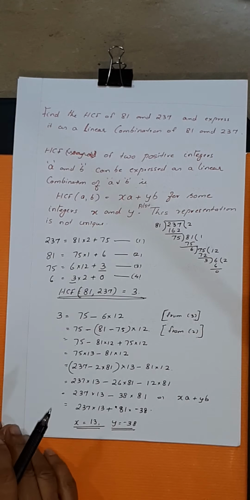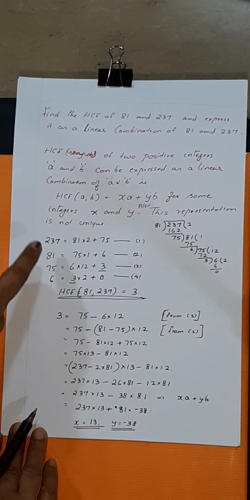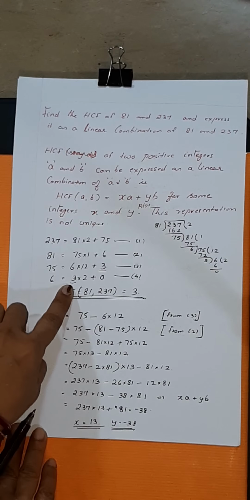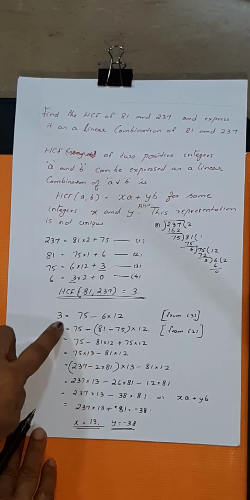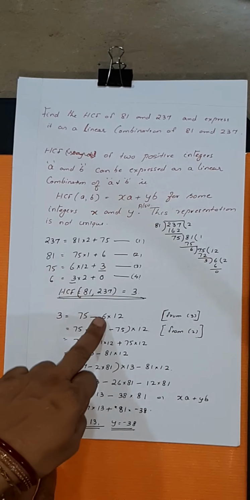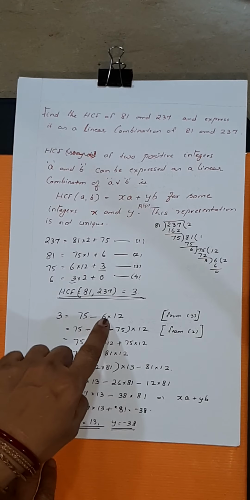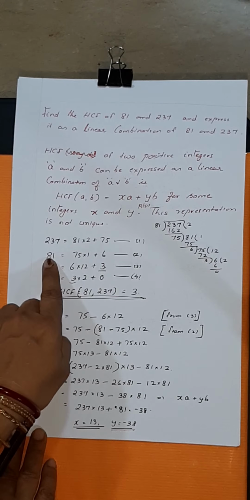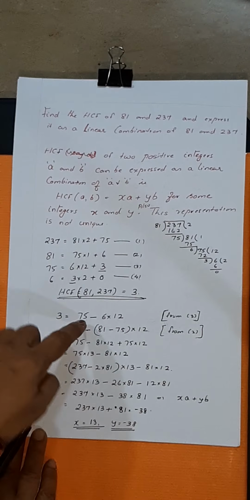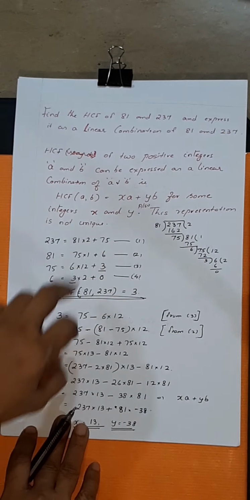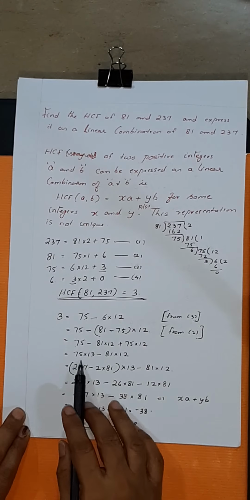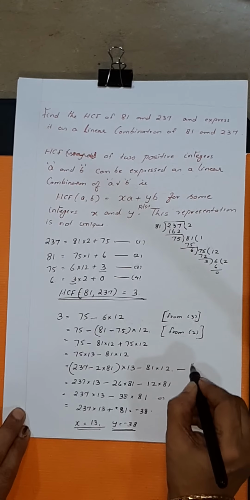Hope you understood this. I will repeat again. You have to first find the HCF of the two numbers and write it down like this. And now we will have to start with the HCF. 3 is equal to, start from this, 75 minus, and then in the place of 6 you will change 6 as 81 minus 75 and then simplify, and then in the next step you will substitute 75 from step 1.